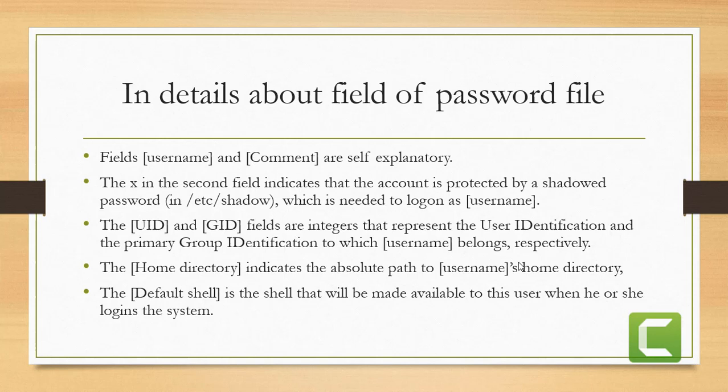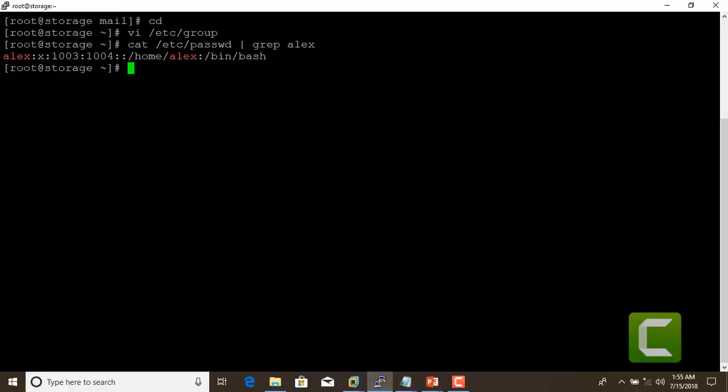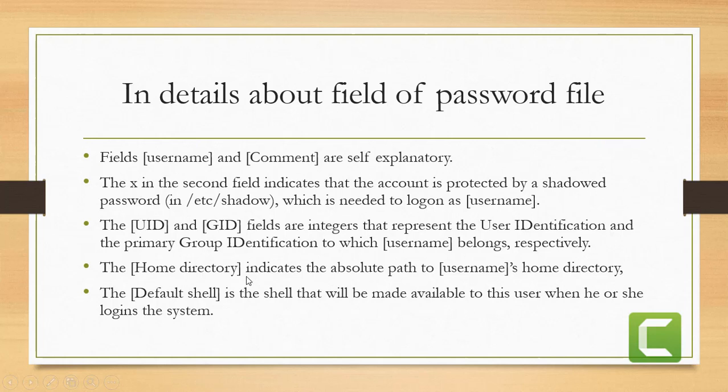After that is the home directory. You can see /home/alex. This is the home directory, which indicates the absolute path to the user's home directory. And what about this last option? It is the default shell.